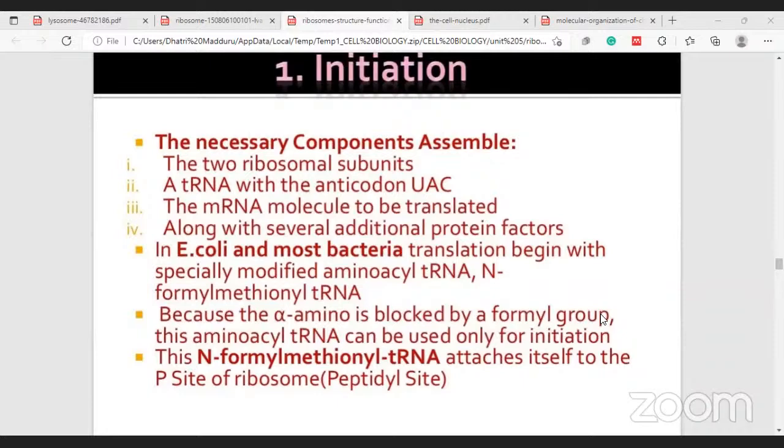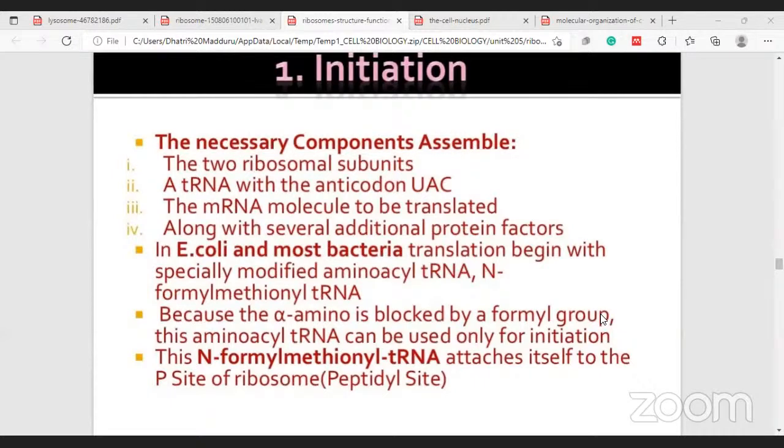In E. coli and other bacteria, this begins especially with a modified amino acid tRNA, that is N-formyl methionine tRNA. Here the alpha amino group is blocked by the formyl group. This is used only for initiation, so this is called the initiation tRNA. It won't add any amino acid, but it is only for the initiation of the process.